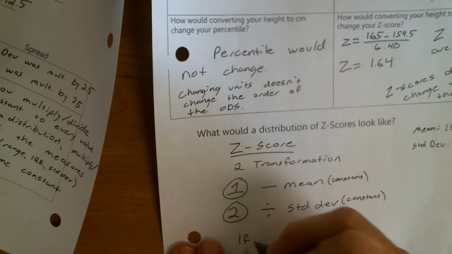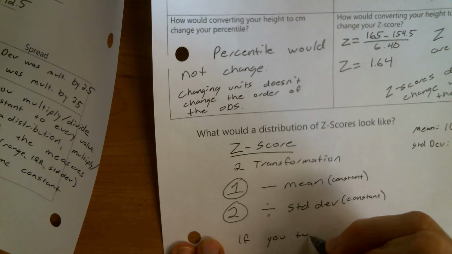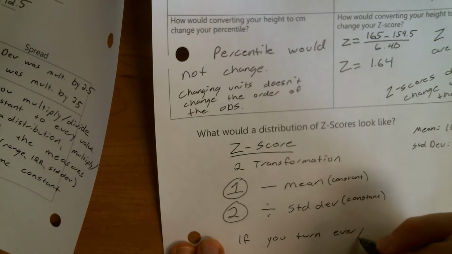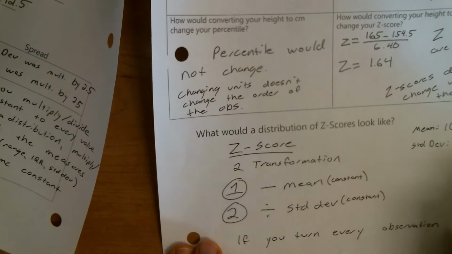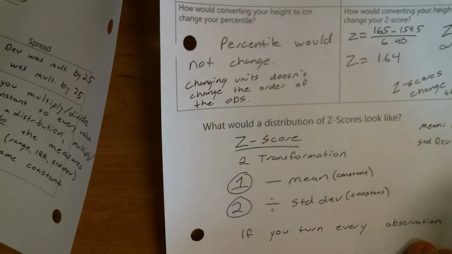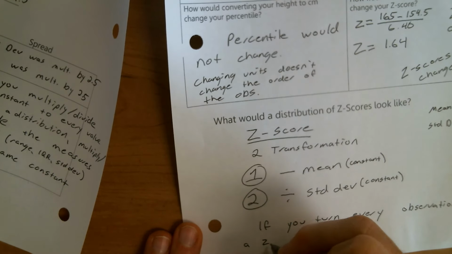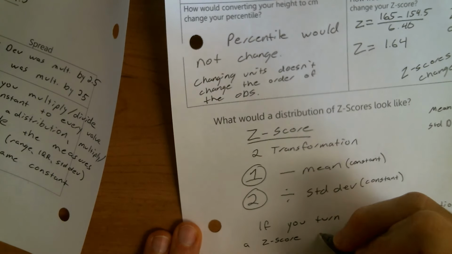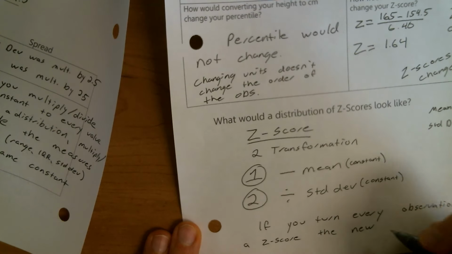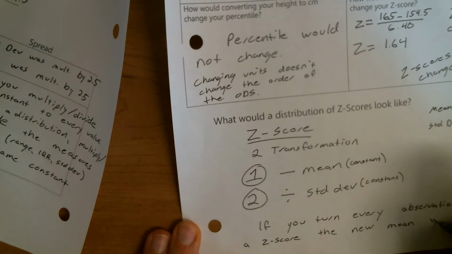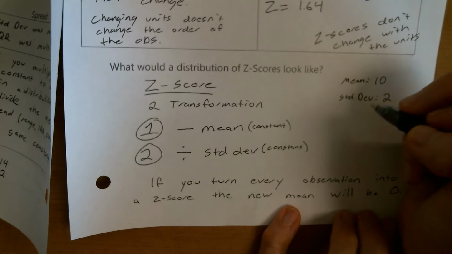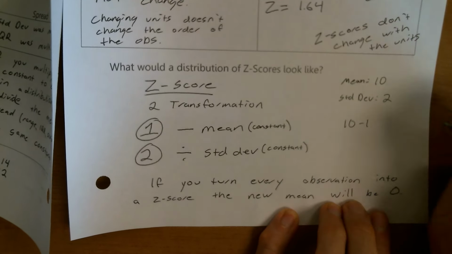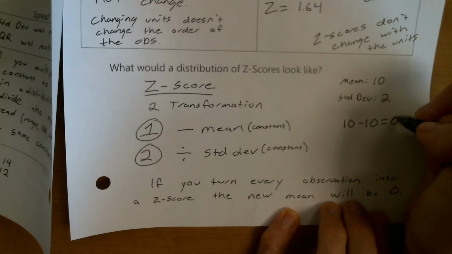So if you turn every observation into a z-score, the new mean will be 0.